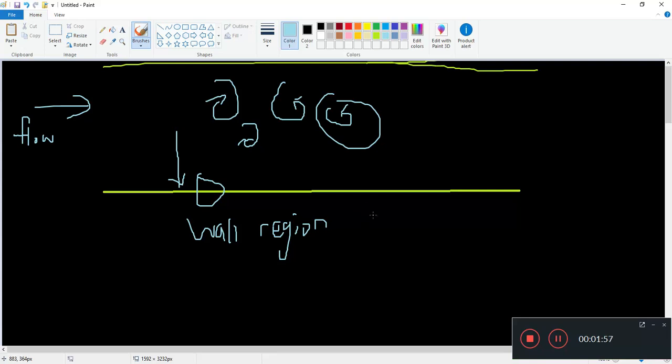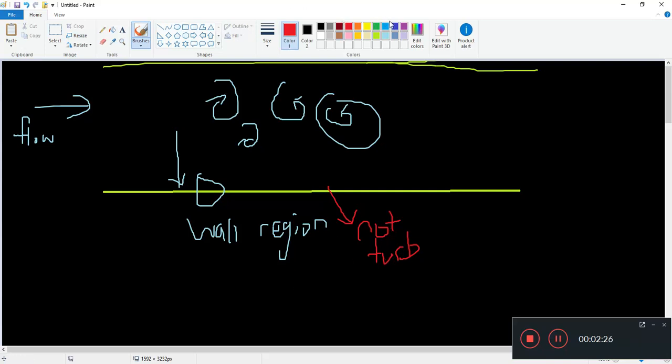And what we have is this phenomenon that near the wall region, it is not turbulent. So near the wall region, it is not really turbulent. But because it is so close to the wall, the turbulence dies down, and we have this thing called a viscous sublayer.